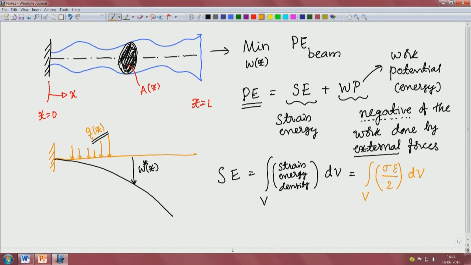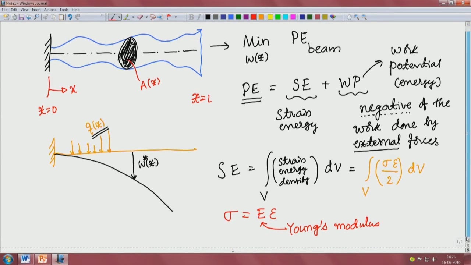So, then we ask the question, what is the relation between stress and strain? For a beam there is only one normal stress sigma and one normal strain epsilon, and they are related by E, which is Young's modulus, a material property here.